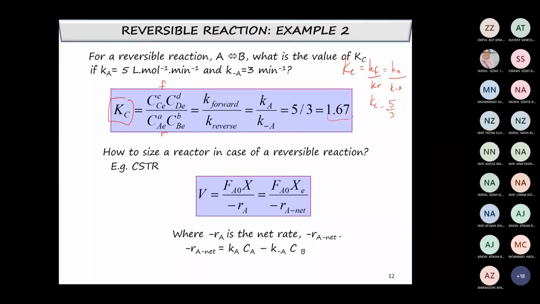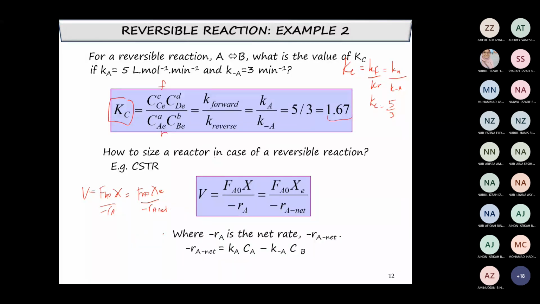Okay, and then let's say the question asks you about the size of reactor in case of reversible reaction, example CSTR. So you just write down the equation for the CSTR. Okay, remember this one, if it's in a reversible, means that it should be FA naught XE over the negative RA net here. Okay, so what is RA net?